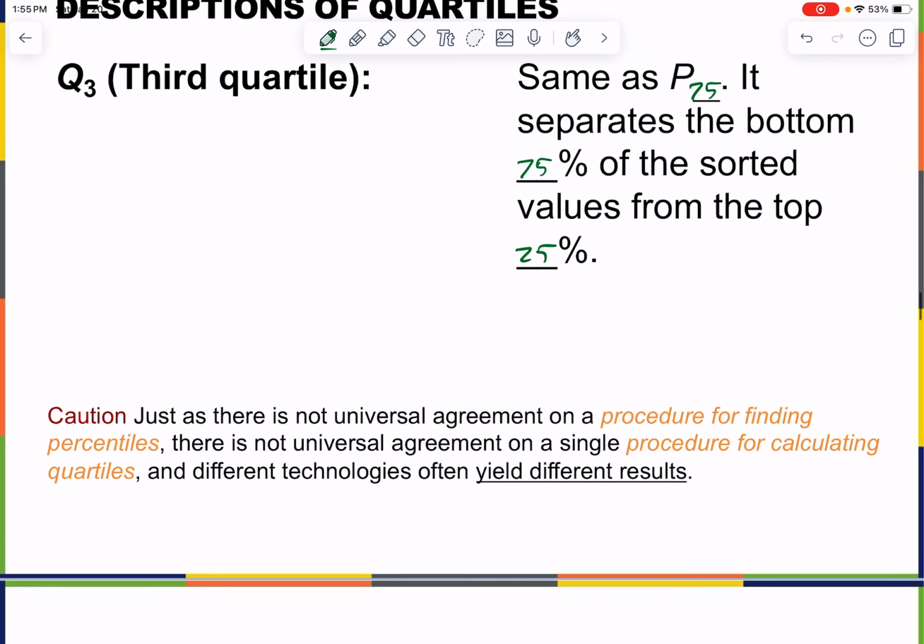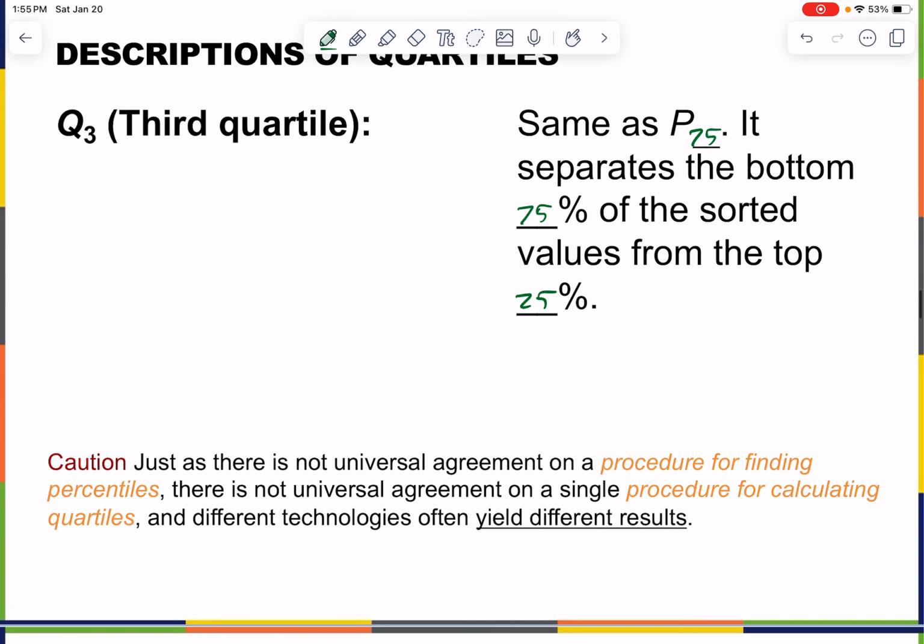Okay, now, this caution is exactly what we ran into earlier. Just as there is not a universal agreement on the procedure for finding percentiles, there is not a universal agreement on a single procedure for calculating quartiles, and different technologies often yield different results. And so I want you to do it the way that I've shown you here.